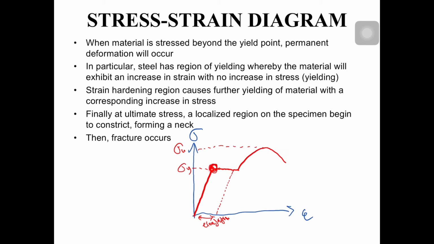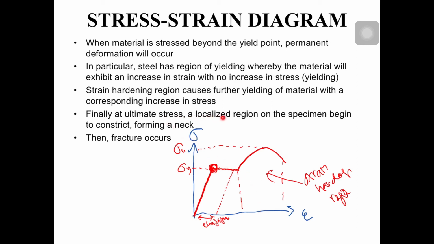Alright, if we go larger than this, it will become here. Strain hardening region causes further yielding of material with a corresponding increase in stress. So this one is the strain hardening region. So as the stress increases, the strain is also increased.